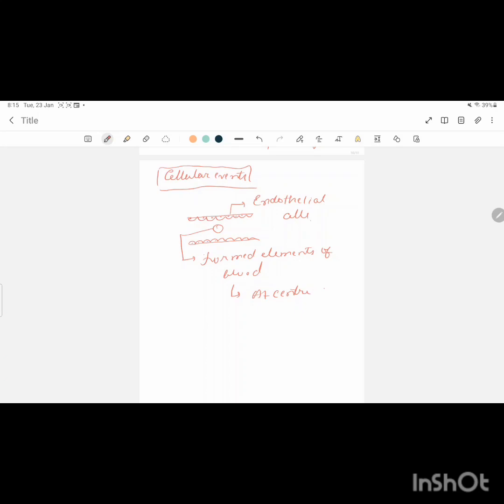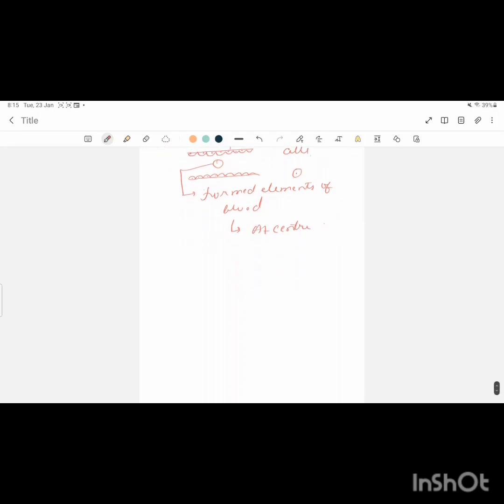Suppose there is a bacteria outside. To engulf the bacteria, the neutrophil first has to come outside. What are the different stages of the neutrophil coming outside? To come out through the endothelium, the neutrophil, which is at the center, has to come to the margin. So the first stage is margination.